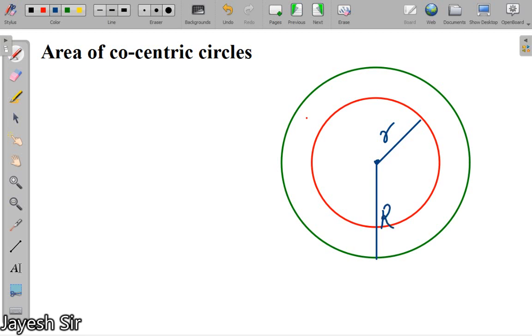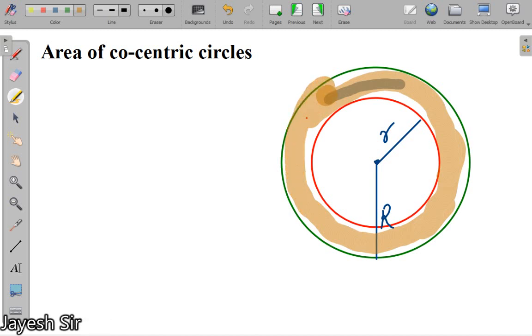So when I talk about the area of concentric circles, that means I am talking about this part. This part. When I am talking about this part, that means I am talking about the area of concentric circles.